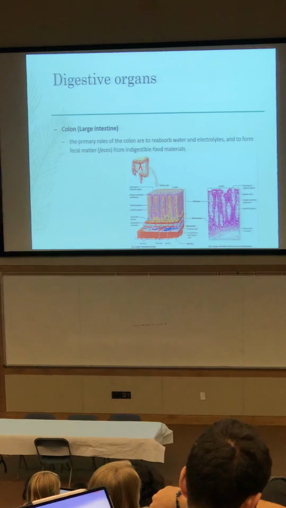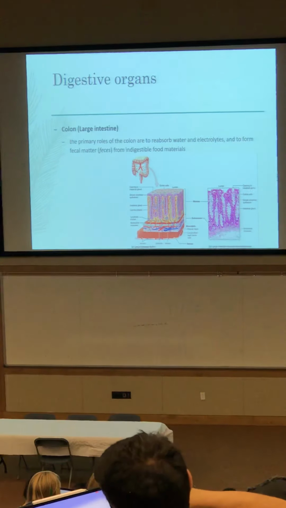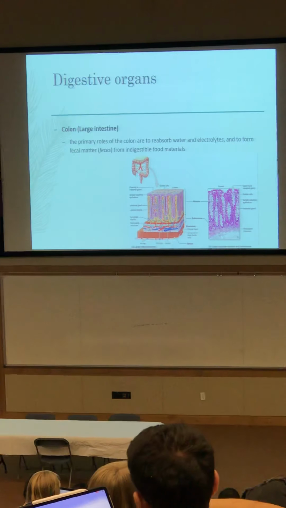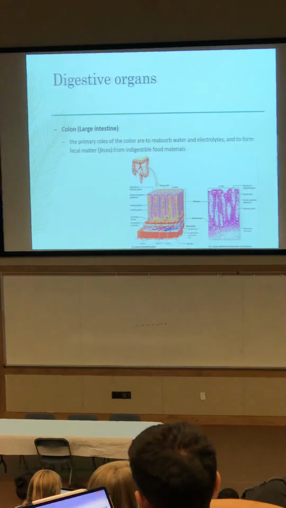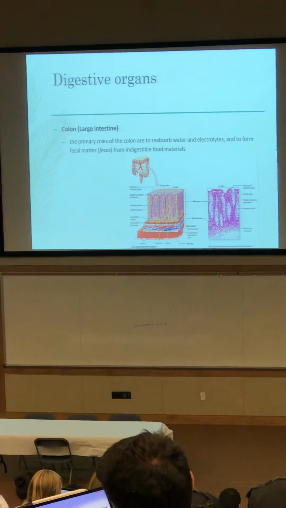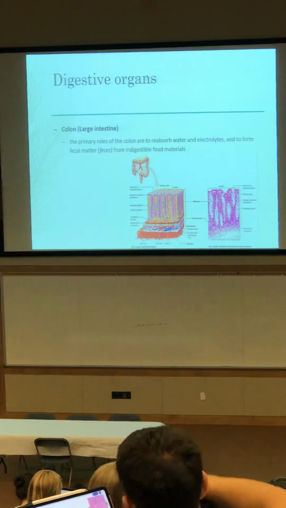Notice we still see the crypts, just like we saw in the small intestine, but there are no villi. No villi, only crypts. And most of the epithelial cells are goblet cells. Now there are enterocytes, they call them colonocytes.